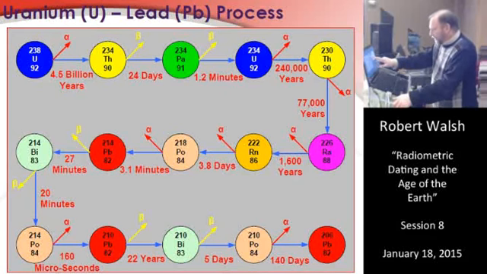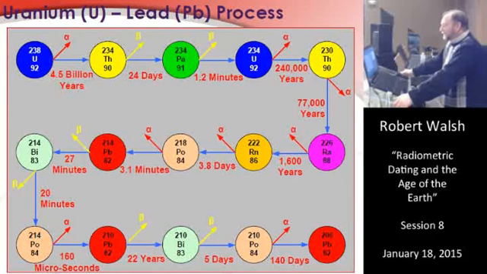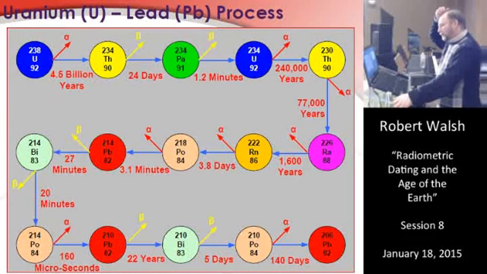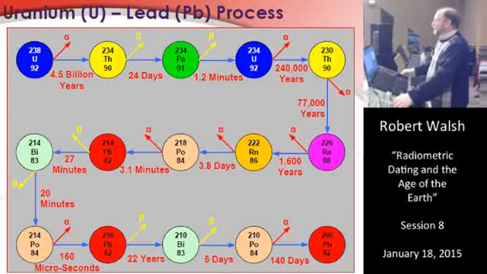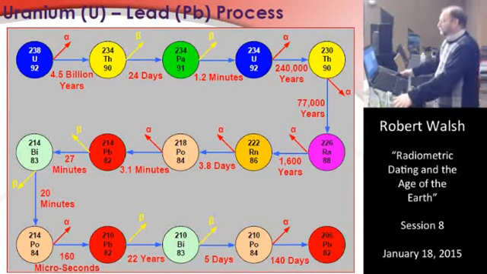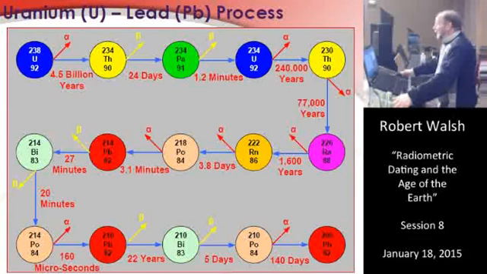So this complex decay series is required for uranium-238 to decay into lead-206. And it takes roughly 4.5 to 4.6 billion years for that to occur. Okay, so that is the uranium-lead decay sequence.